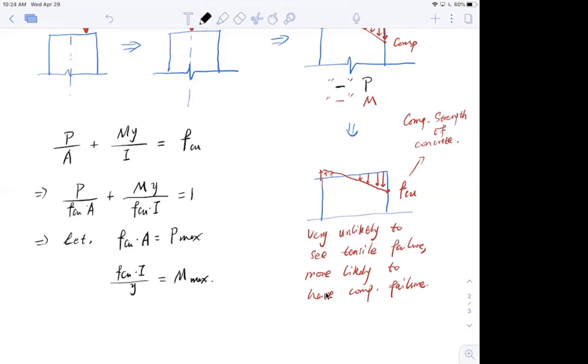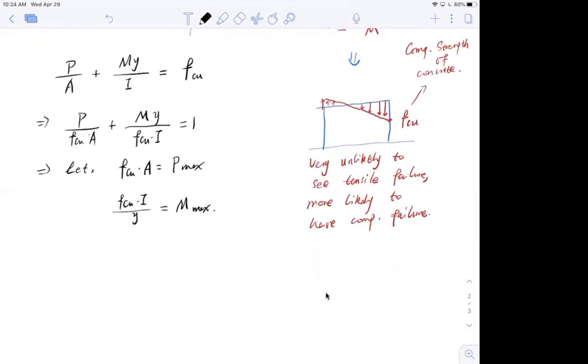You can pre-compute this. With these two, I can convert my equation to P divided by P max plus M divided by M max equal to 1.